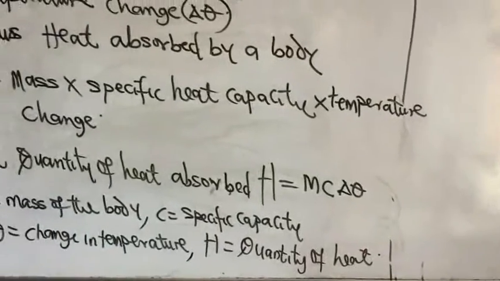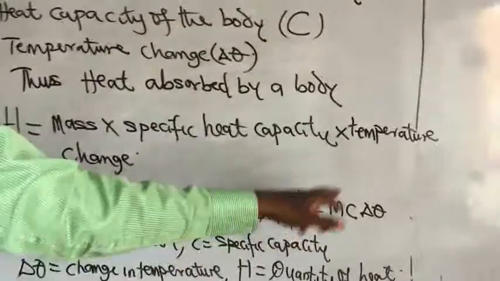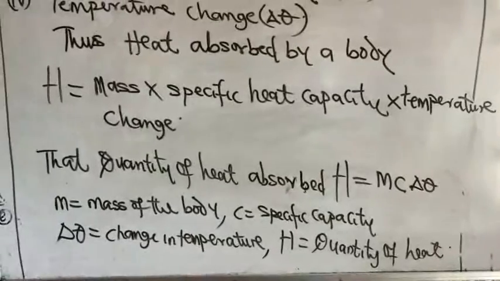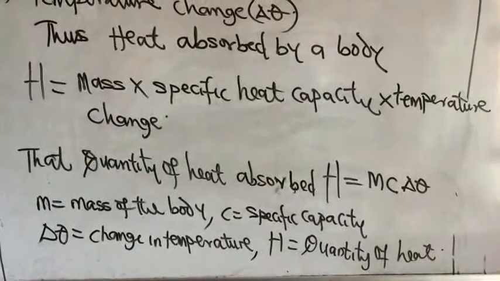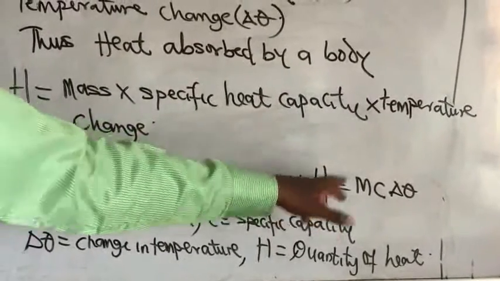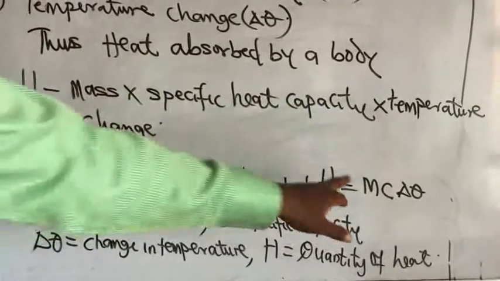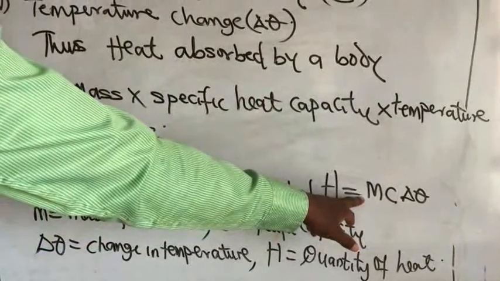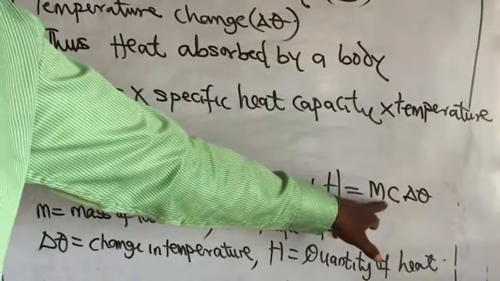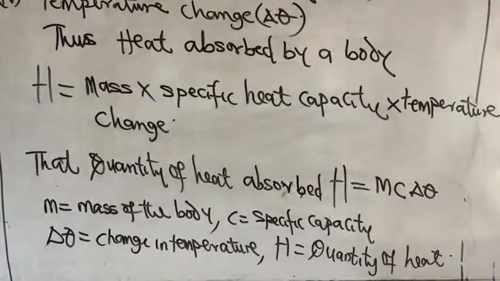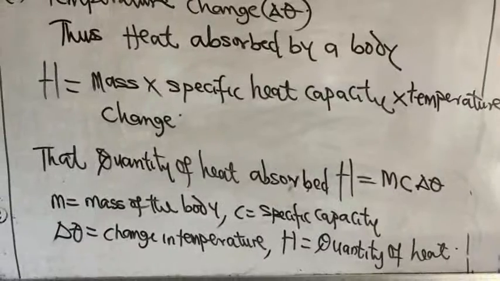So what this formula, H equals mass times c times delta theta, is telling us is that the quantity of heat H that a body can absorb depends on the mass of the body, the nature of the body, and the temperature change. Let's give an example.